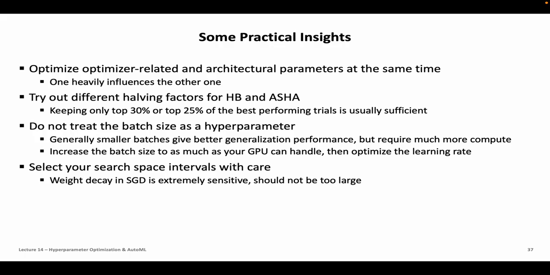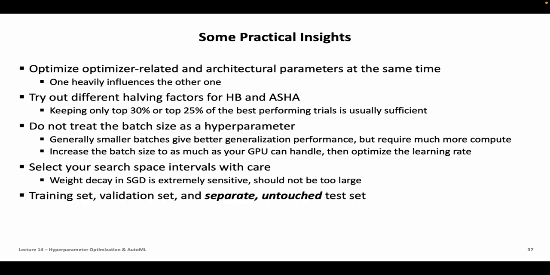And then you cannot get any information out of your HPO run, because even though all your other hyperparameters might be really optimal, if your weight decay value is bad, none of these good hyperparameters will matter, and your training will probably even diverge.